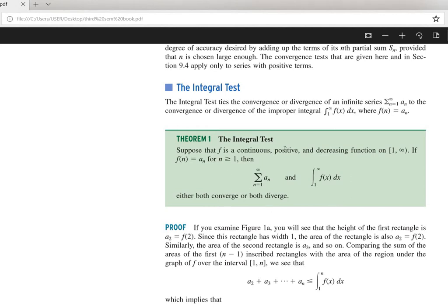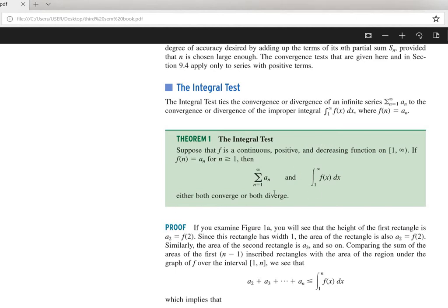Suppose that f is continuous, positive and decreasing function on closed 1 infinity, and if f of n equal to an for n greater than or equal to 1, then the summation n equal to 1 to infinity an and integral 1 to infinity fx dx either both converge or both diverge.